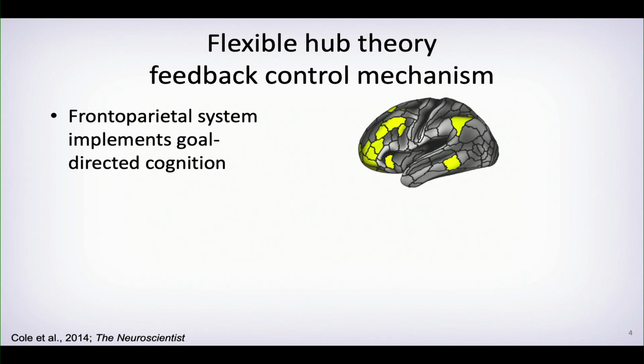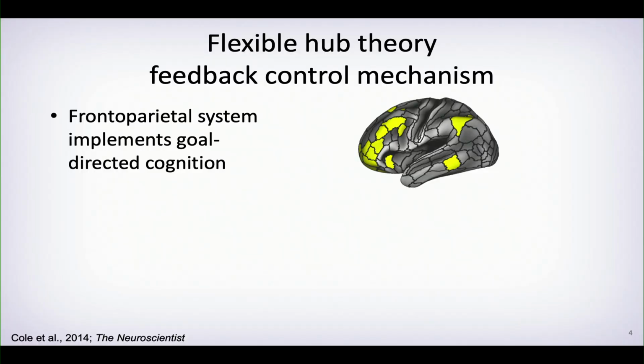So focusing in on one of these networks, the frontoparietal network, I want to share a theory that we've been developing. We call it the flexible hub theory. And it's really building on decades of work showing that this frontoparietal system, typically people will focus on the lateral prefrontal cortex, but really it's this extended network. It's really deeply involved in, or consistently involved in, implementing goal-directed cognition.